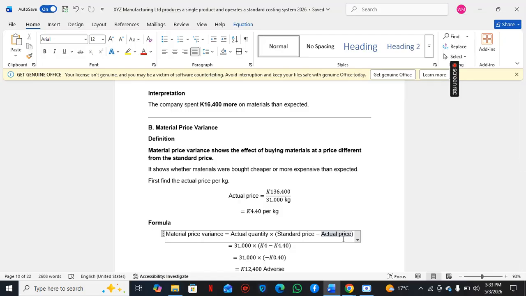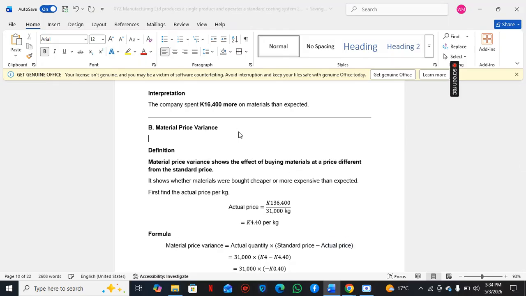If the actual price was greater than the standard price, it's bad. It means materials are more expensive.